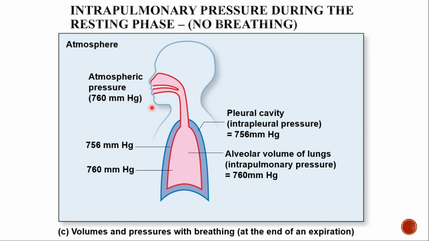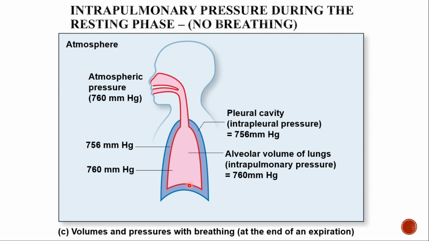The air enters at this pressure. At the pleural cavity, we have already observed that the intrapleural pressure is maintained at approximately 756 millimeter, or sometimes at least 758 millimeter mercury, in order to avoid the collapsing of the lungs.